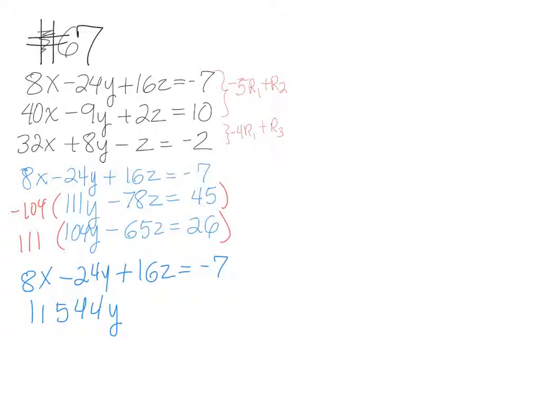Negative and negative is positive, so it's plus 8,112z equals 104 times 45, that is 4,680.